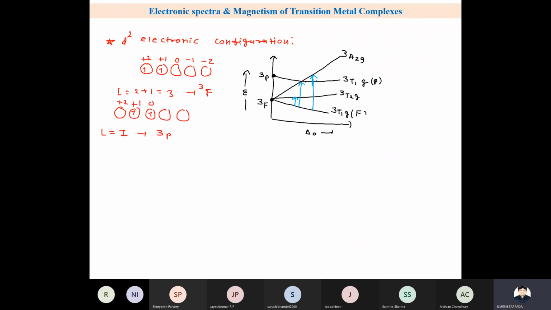So now you tell me, in these 3 transitions, what about its intensity? In the case of D2 system, you can see these are the 3 different transitions.